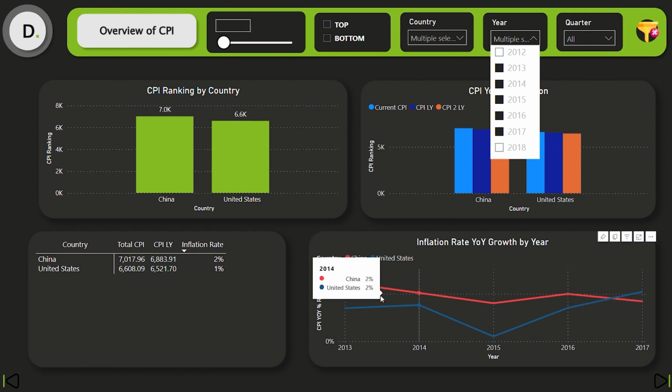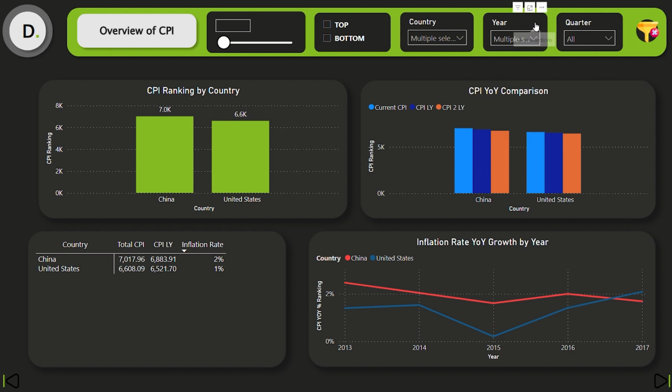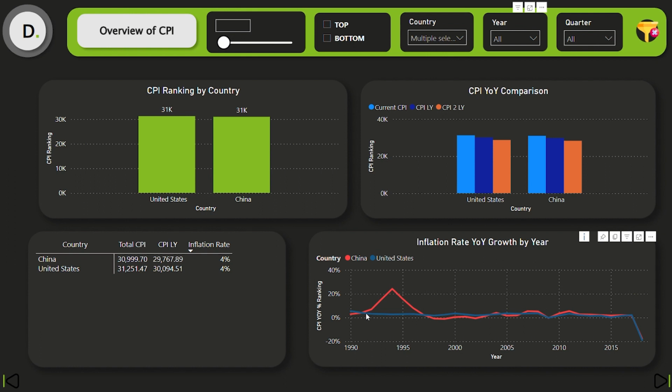So as we can see, the trend of the inflation rate for both of the countries. We can also have a look at this trend line to compare the overall inflation rate growth, the changes in the CPI, the changes in the inflation rate on a year-on-year basis for the two countries.